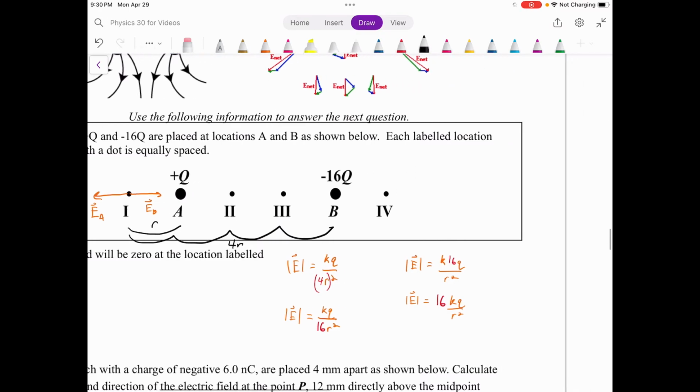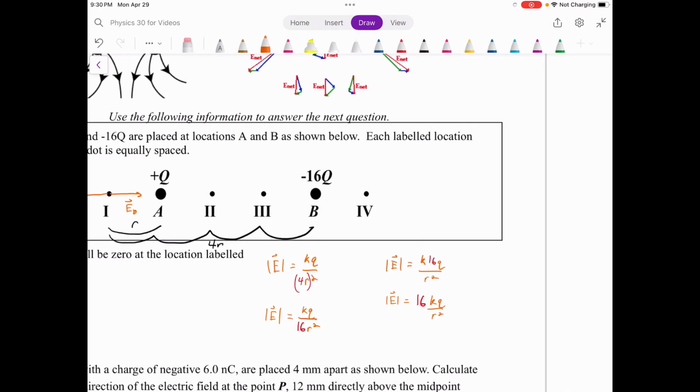So not only is the electric field 16 times stronger from just being 4 times closer to charge B than charge A, but it's another 16 times stronger because charge B has 16 times as much charge as charge A, right? So this would actually be 16 times 16, 16 squared times stronger electric field.